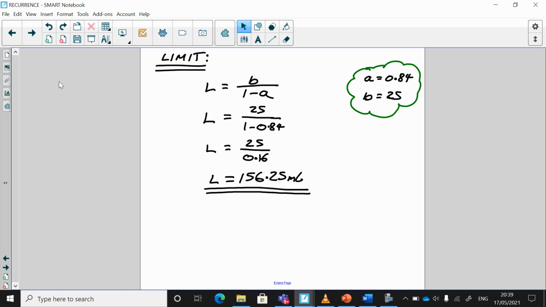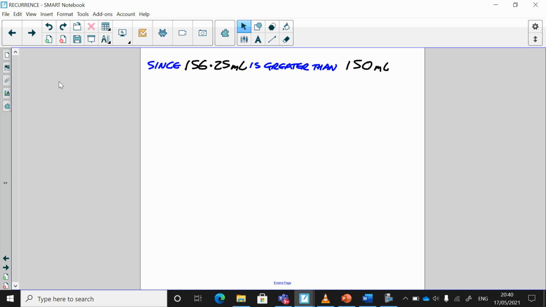So that's our limit, but we've got a target we need to compare it with. That's what we're going to do now. So it's only safe if it does not exceed 150 milliliters. We need to take this number and have a wee think. Well, that's clearly bigger than 150 mil.